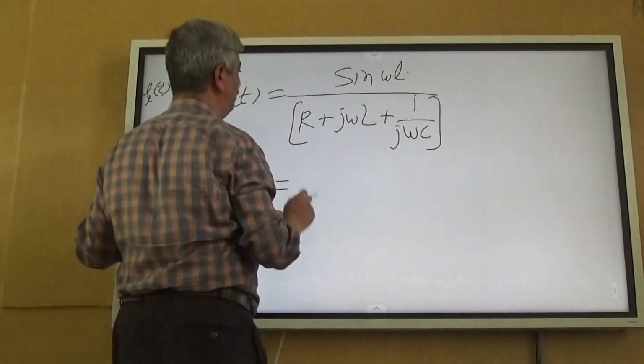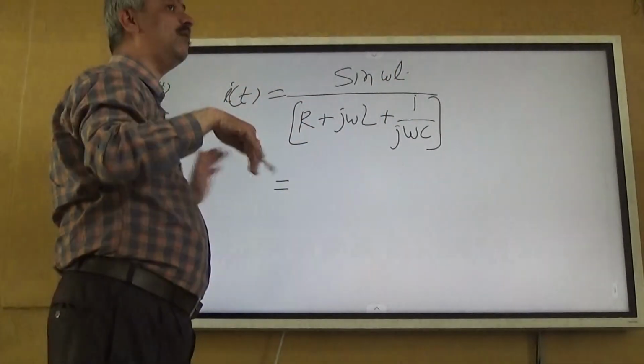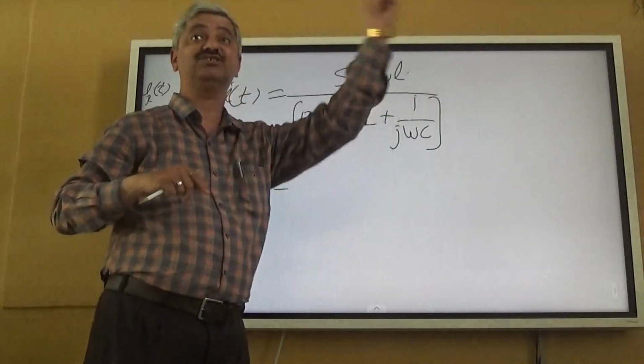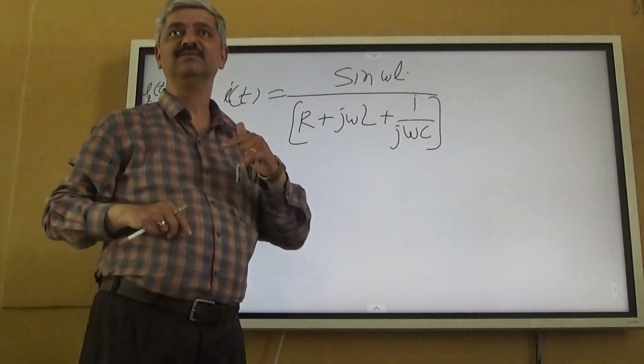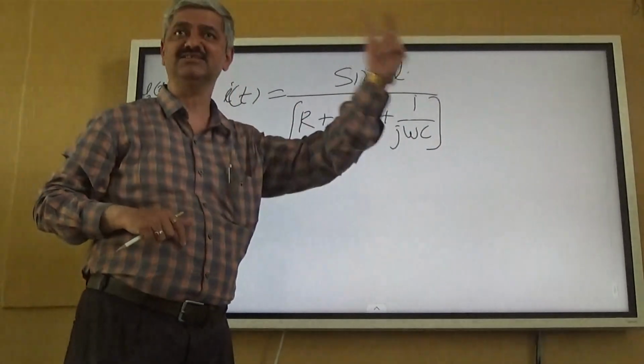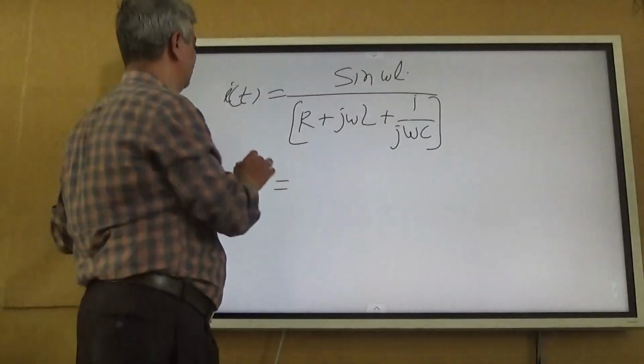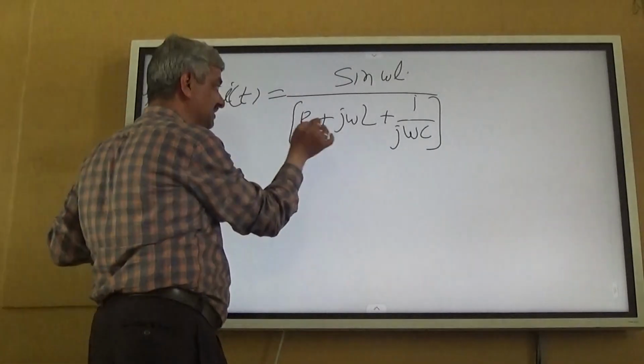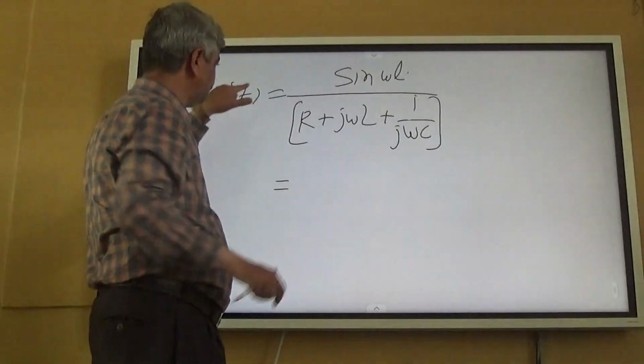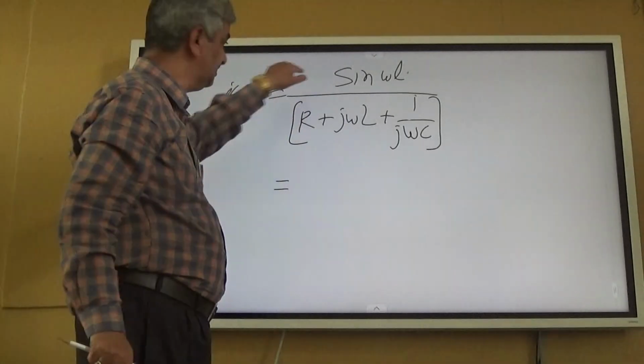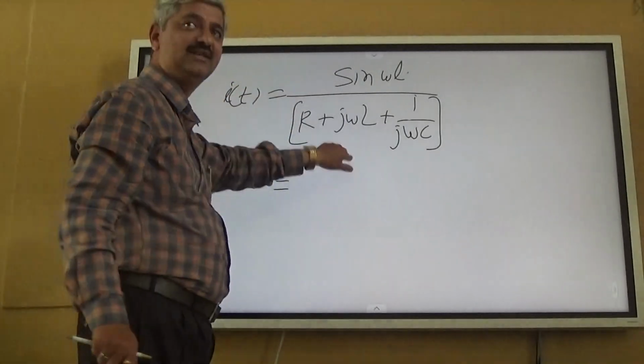So what is the impedance of the RLC circuit as such? What is the impedance of RLC circuit as such? So this is voltage, this is current. So voltage upon impedance is the current.